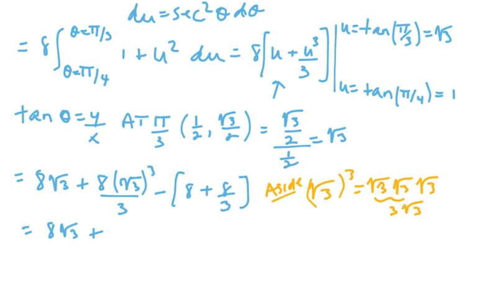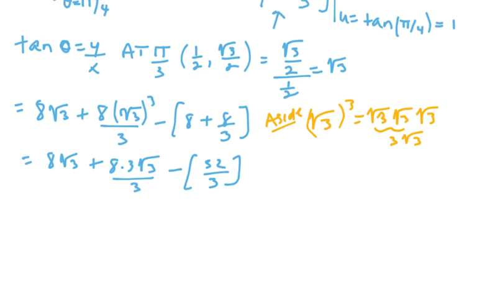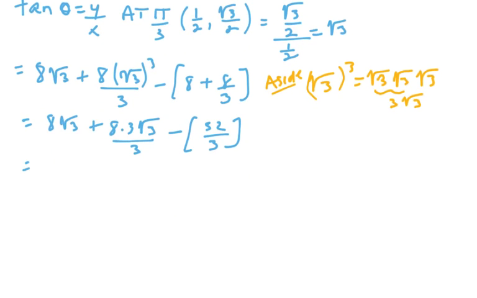So this is 8 times the quantity 3 square root of 3 over 3 minus, all I'm going to do is put them all over 3. This is 32/3. Grab a common denominator, okay? And likewise, I'm going to write everything over 3.